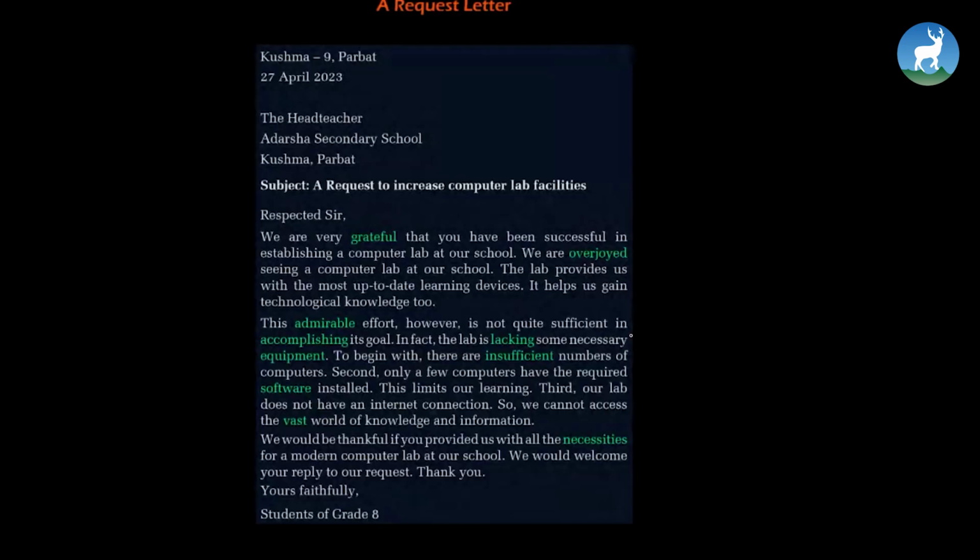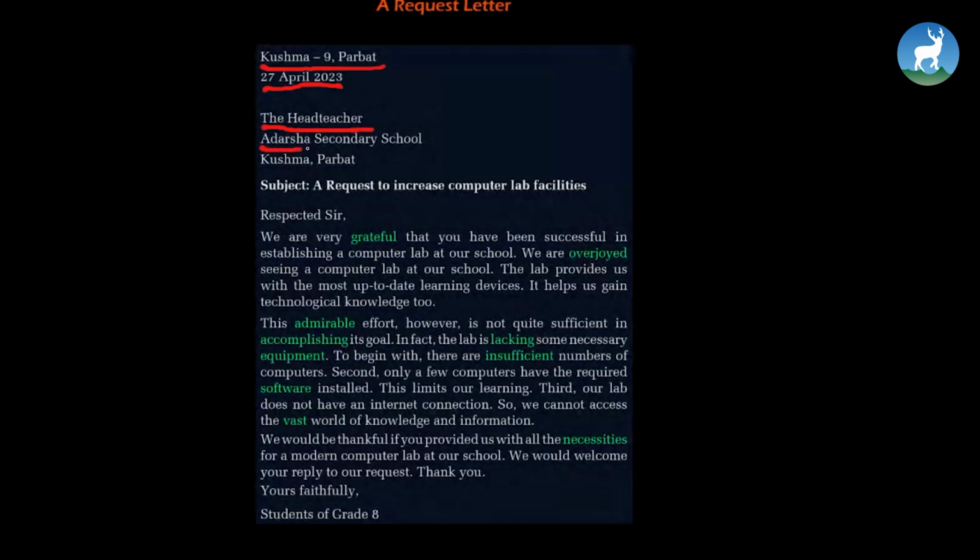Okay students, after the completion of that, we have a request letter. Let's read that. A request letter, Kushma 9, Parbat, 27th April 2023. You see the format of this letter. This letter begins with an address, then the date on which this letter is written. After that, there is the address. It's been addressed to the head teacher.